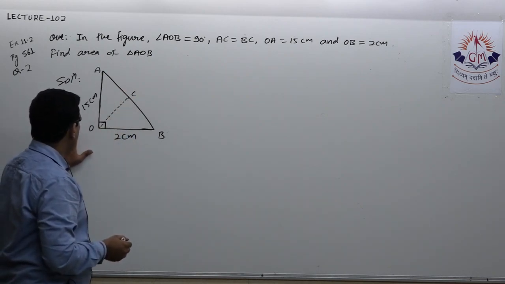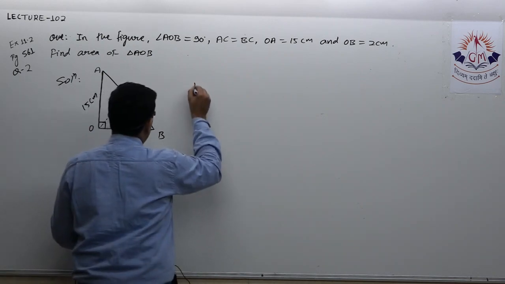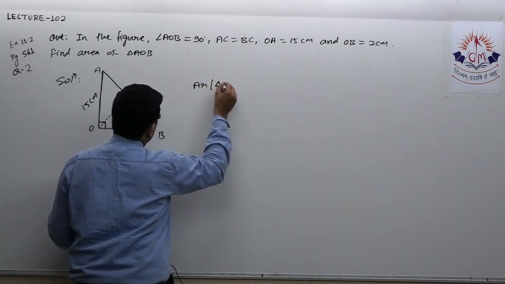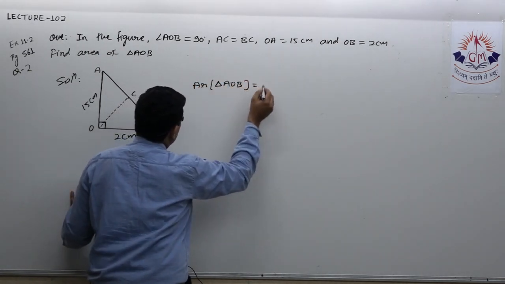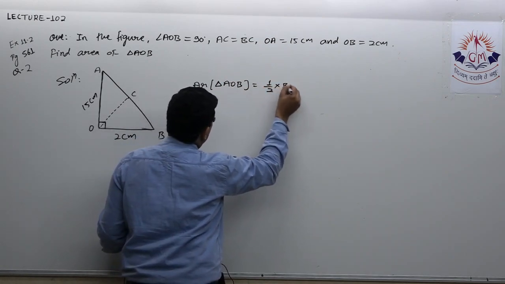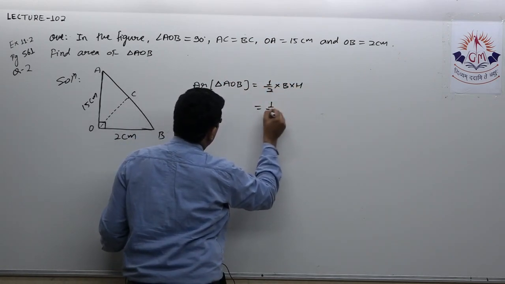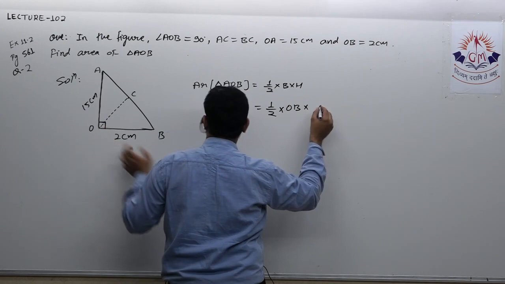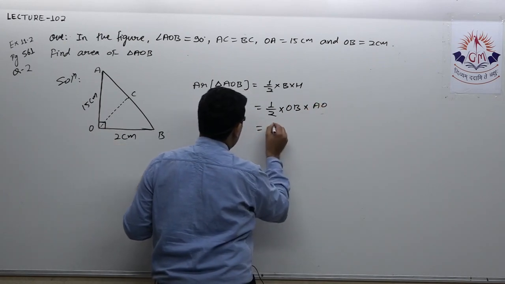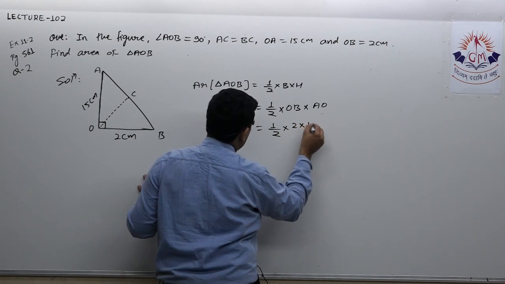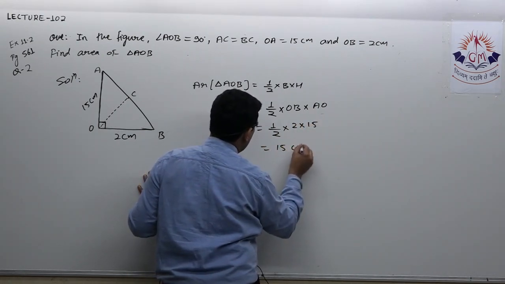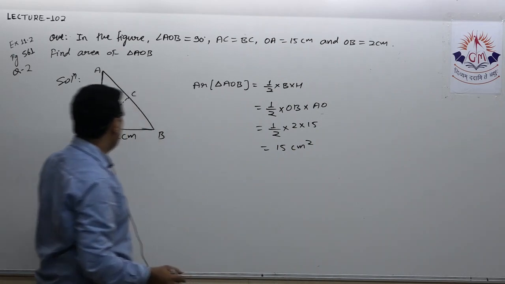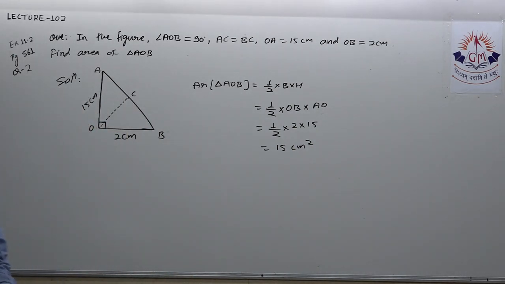Area of triangle AOB is equal to half base multiplied by height. The base is OB, height is AO. That is 1 by 2 into 2 into 15. It is 15 centimeter square. It is simple. All the values are given, just put the values to get the answer. Please note it down, then we'll see the next question.